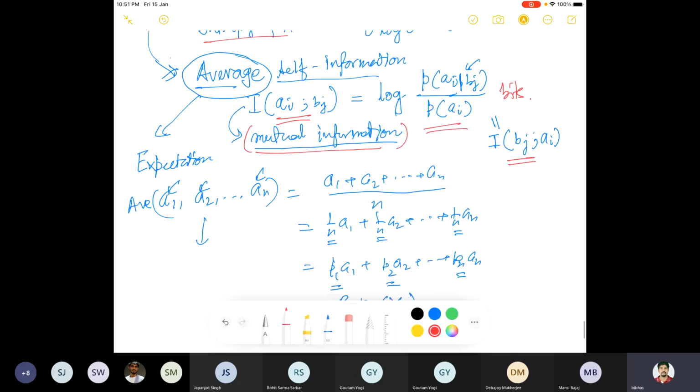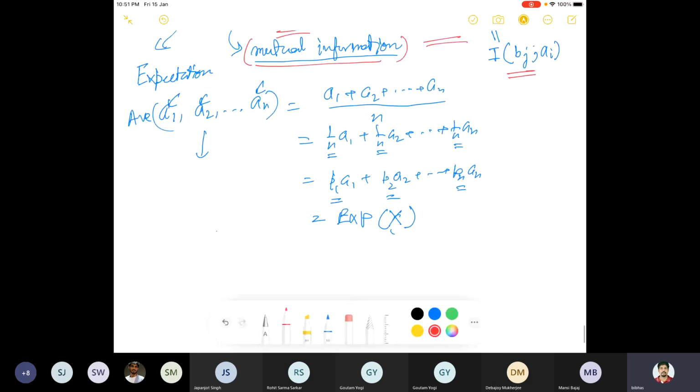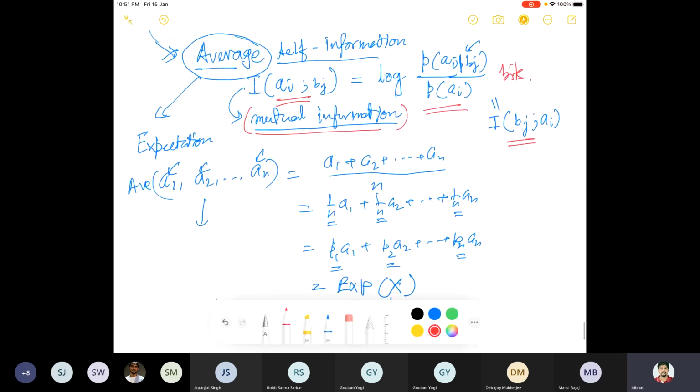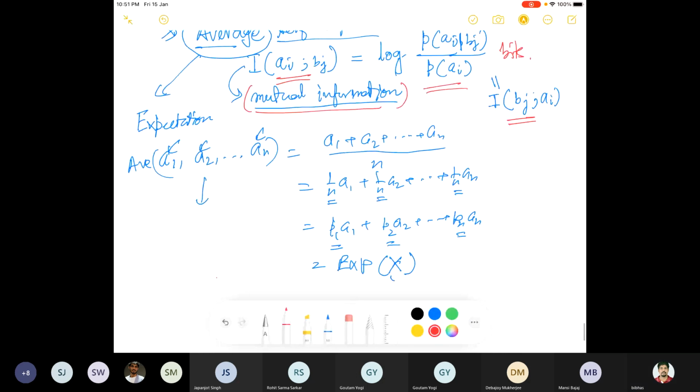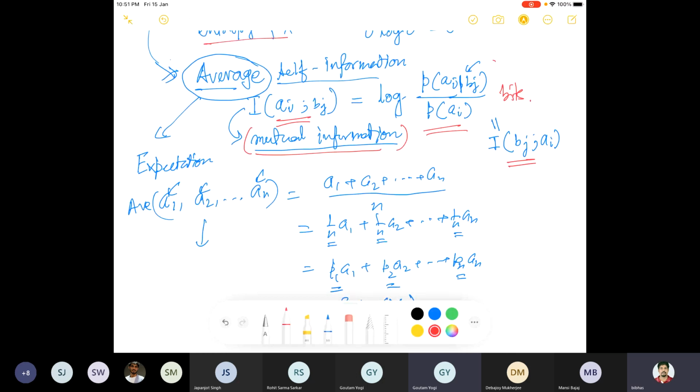Now, when you write self-information, how is self-information connected to mutual information? When the value of the probability of Ai given Bj is equal to 1, then we define self-information. Self-information of what?